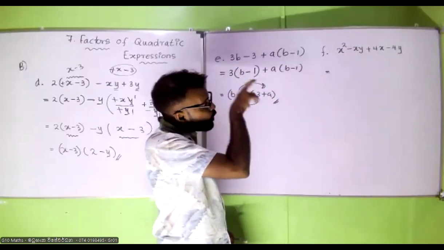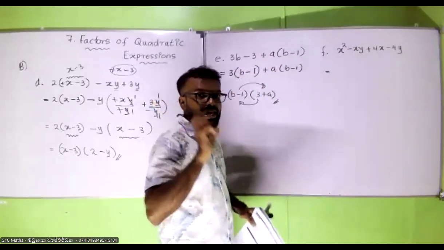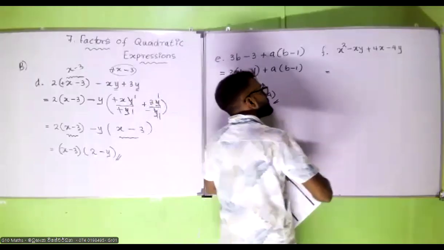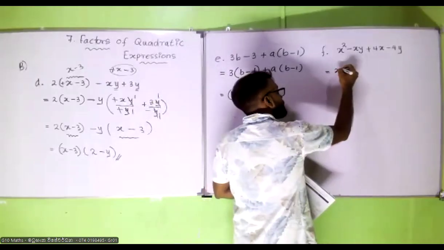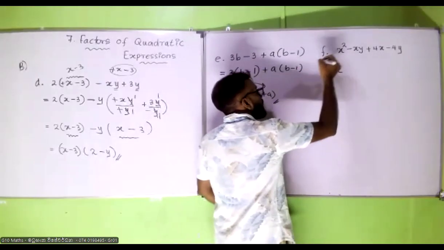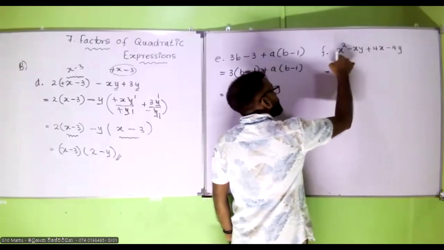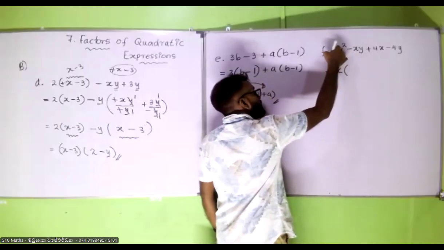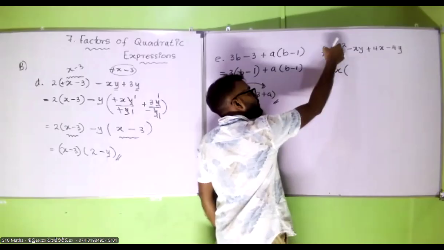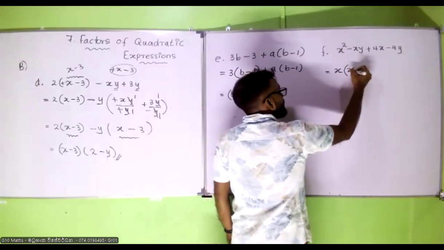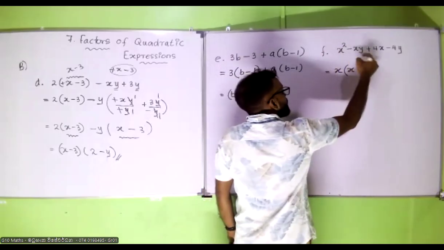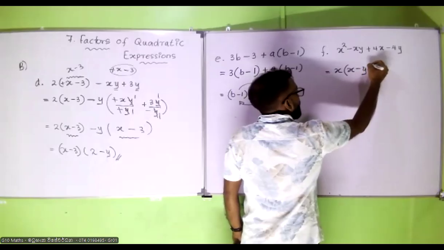For both of the terms, the common term is x. Take it out from the bracket. If you take positive x out, the remaining term is x here, and here the remaining term is y.